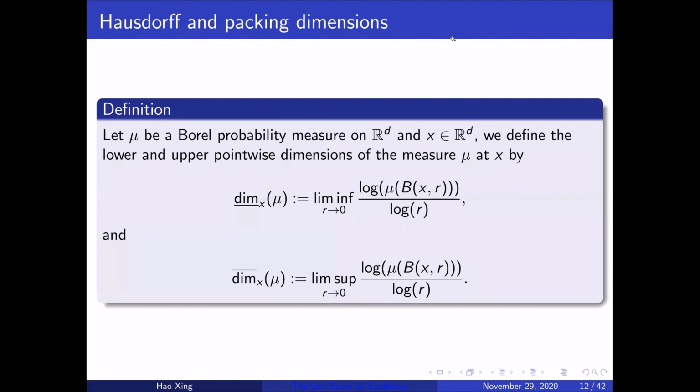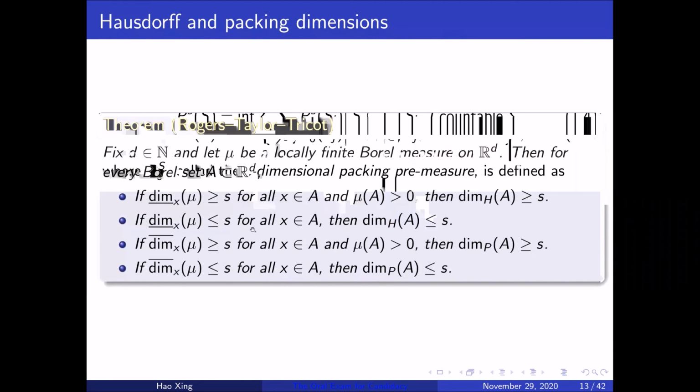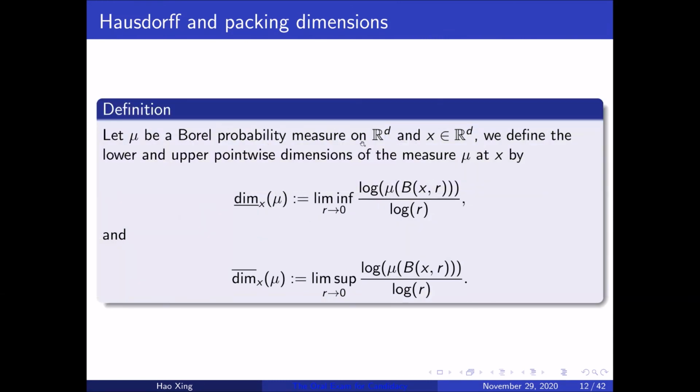But what is really used in computing the Hausdorff and packing dimensions of those sets of matrices is this powerful theorem. To introduce this theorem, we need this definition. Let mu be a Borel probability measure on R^d, and we take a point x from R^d.